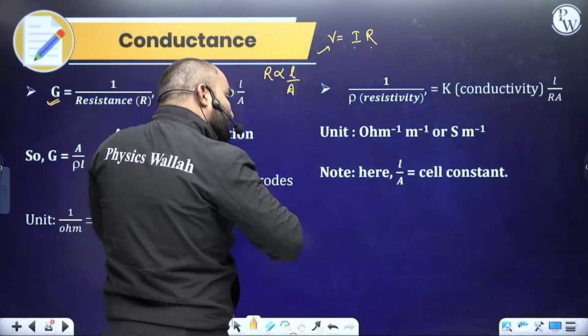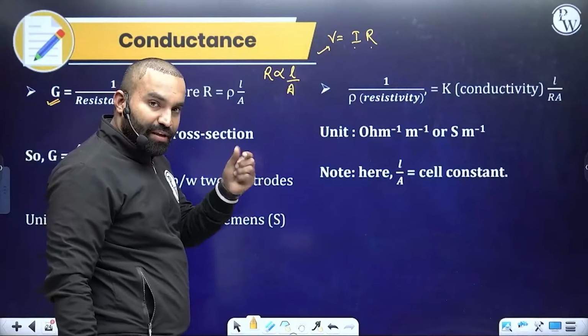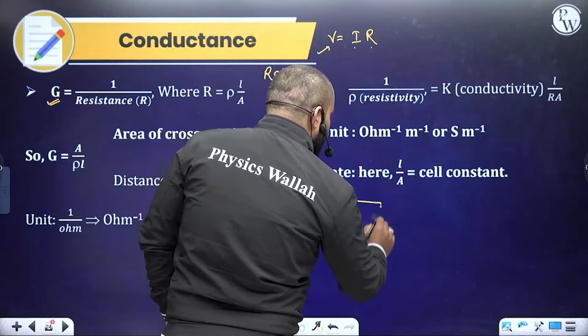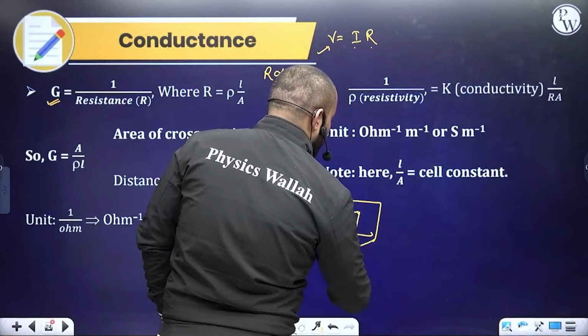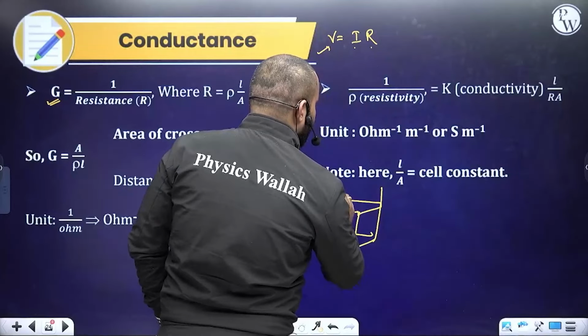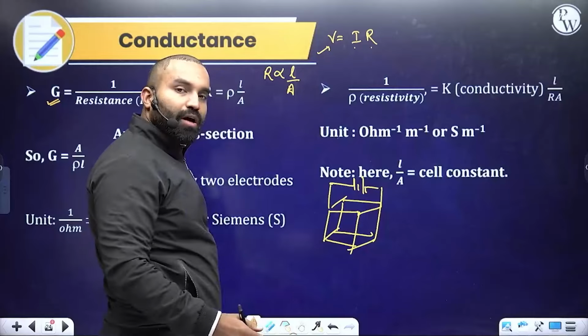In case of a metal, it is the length of that wire and the area of cross section. But in the case of a cell, suppose you connect it with some sort of wire or battery.